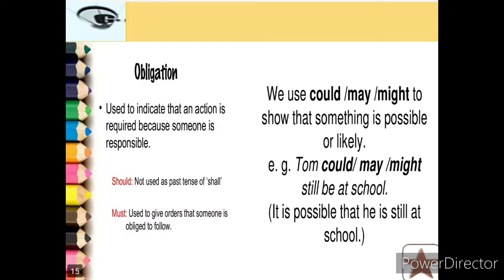Obligation. It's used to indicate that an action is required because someone is responsible. Should, not used as the past tense of shall. Must, used to give orders that someone is obliged to follow. We use could, may, might to show that something is possible or likely.